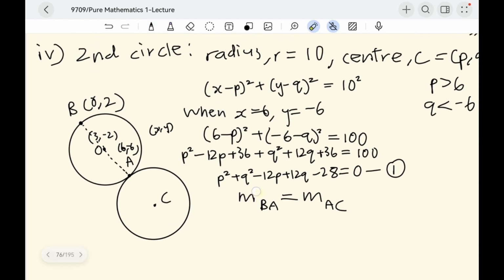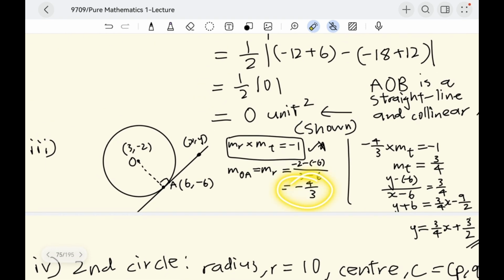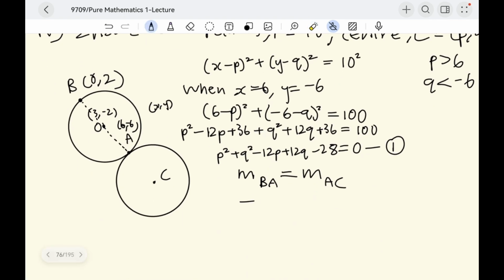Actually, basically the gradient of BA is exactly the same as the gradient of the radius, which is negative 4/3. You don't have to carry out the extra workings over here, as it might take you a lot of time. So what is the gradient of AC, but only in terms of p and q? So I can have negative 6 minus q over 6 minus p, okay.